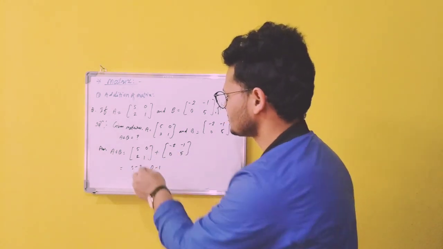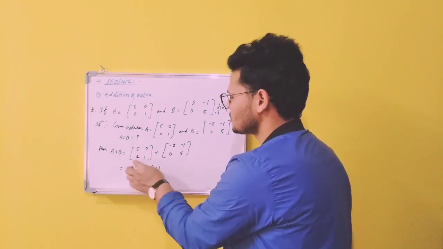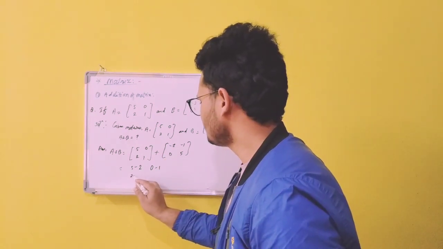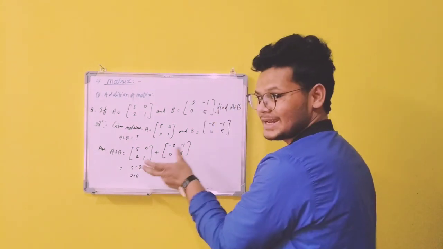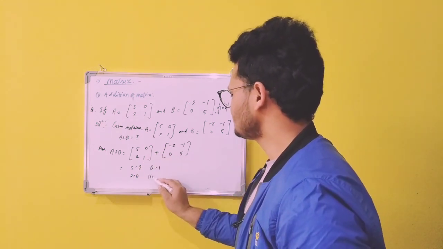Also for next position, 2 and 0 are the same position, so 2 plus 0, and next position 1 plus 5.